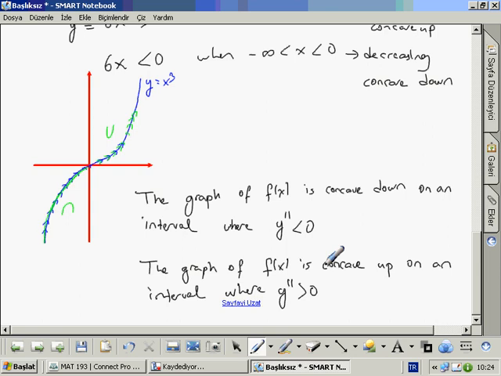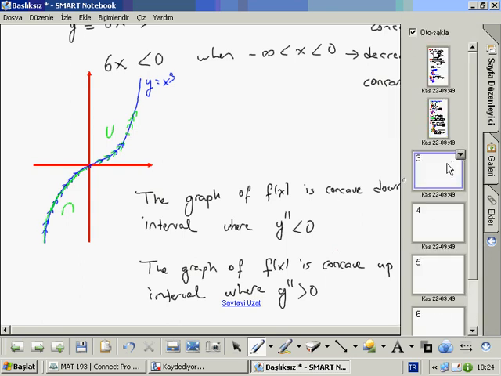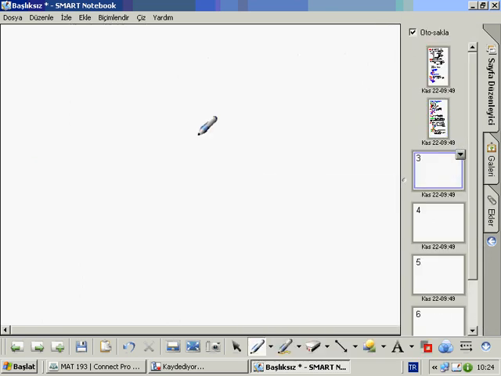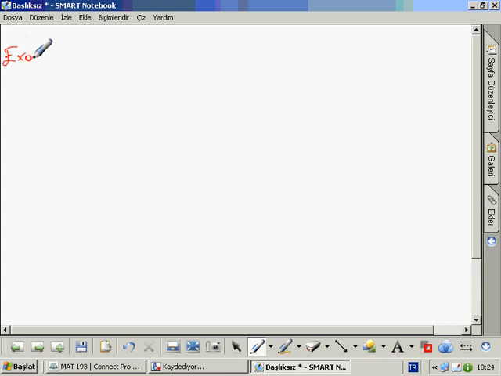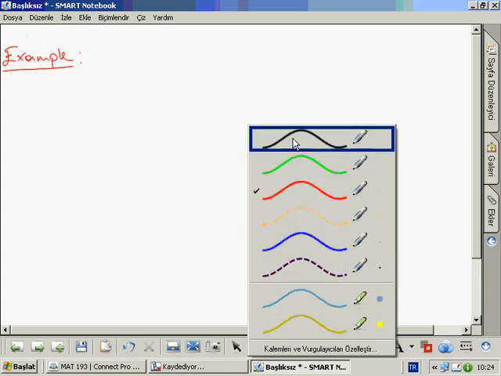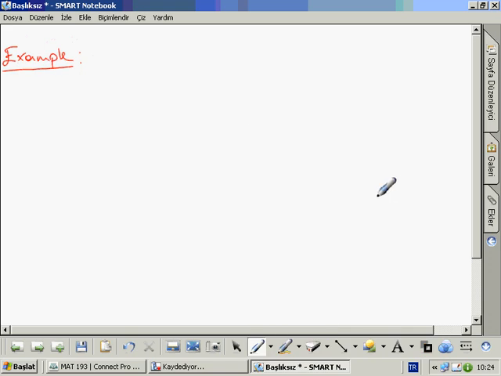And continue with another example. If y equals f of x, which is equal to the x squared function, we can say y prime equals 2x.